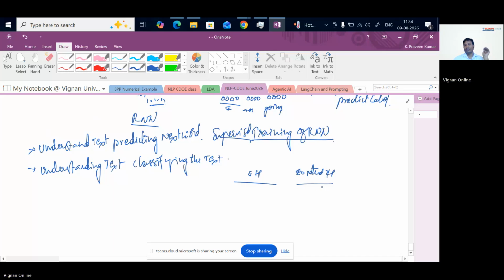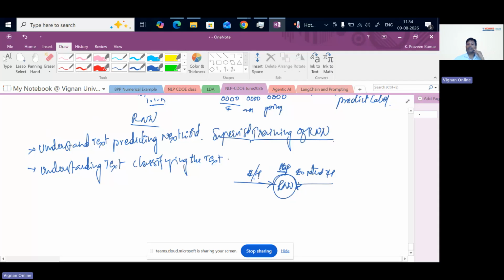Both you will give, the input as well as the expected output. So whatever the model is between, the RNN will learn how to take this input and how to map it to this output.